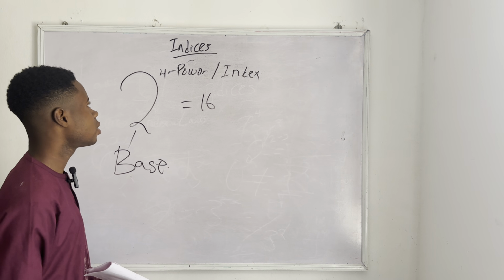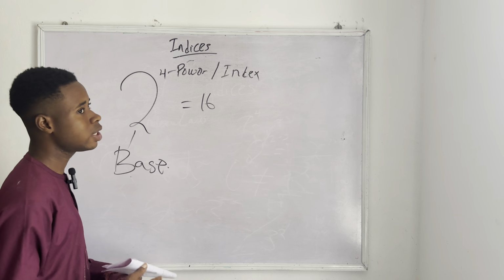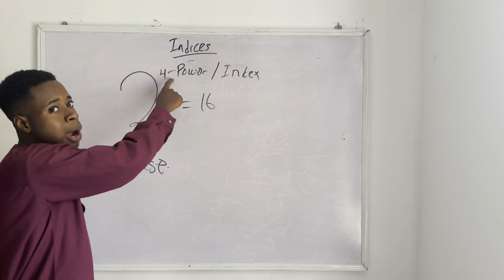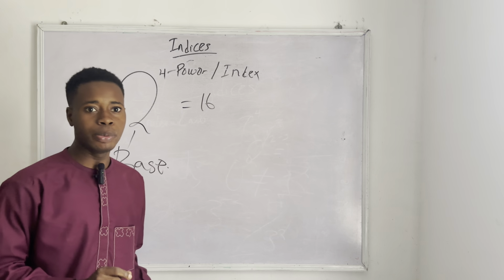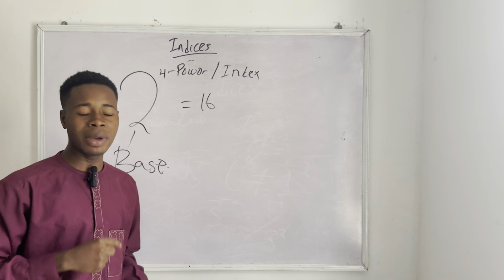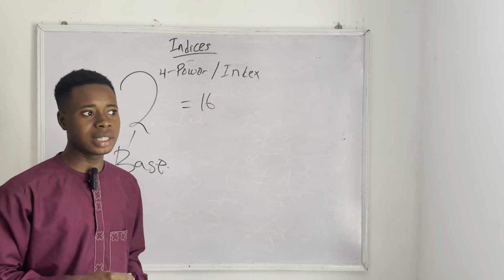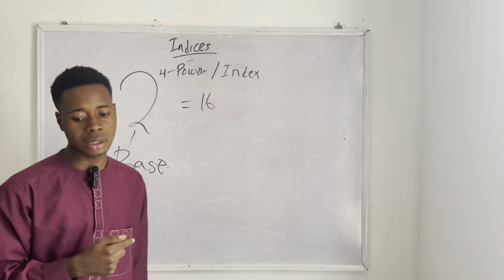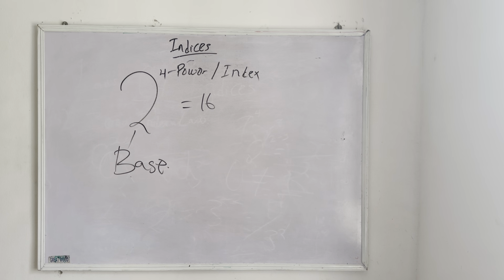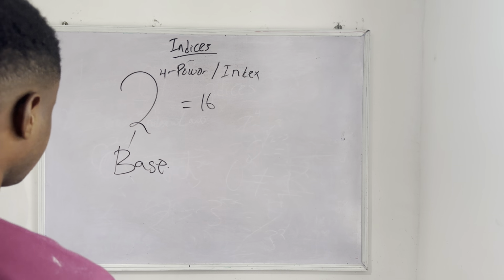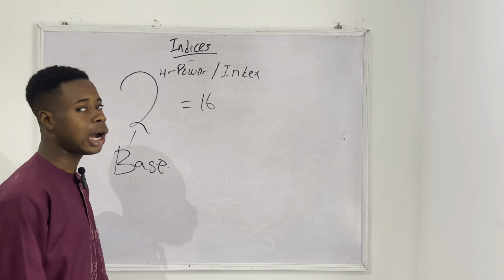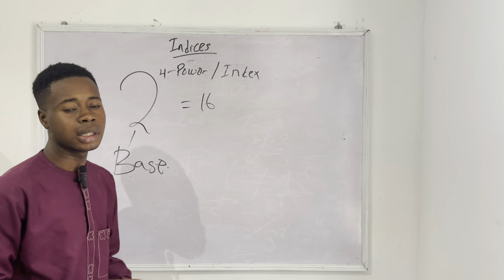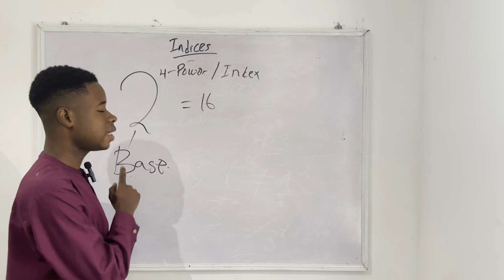So what this means is that 2 is being used to multiply itself 4 times. So the power or the index will be the one to tell us the number of times the base is being used to multiply itself. Now, the power here is 4 and the base here is 2.